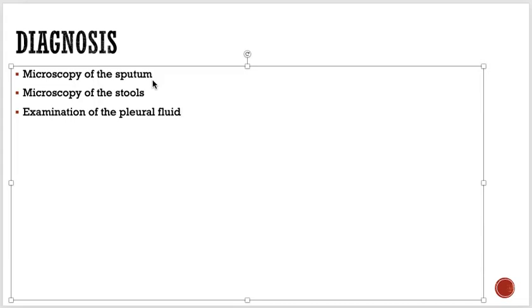Basically, these are the findings we get in bacterial infections, anyways. But there is something called bronchoalveolar lavage. When the patients cannot produce sputum, we can take bronchial washings, the washings from the bronchus and the alveoli, and we can examine them for the eggs. Okay.